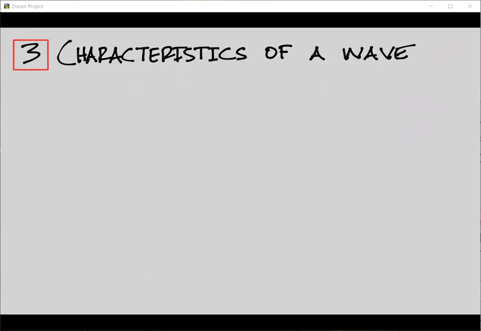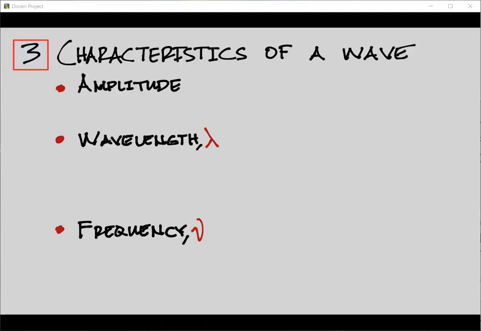All right, so we know that light is a wave because it has characteristics of a wave. And what are these characteristics of a wave? Well, the first one is amplitude, right? It's got amplitude, wavelength, and frequency. Wavelength has the symbol lambda, which is the Greek letter.